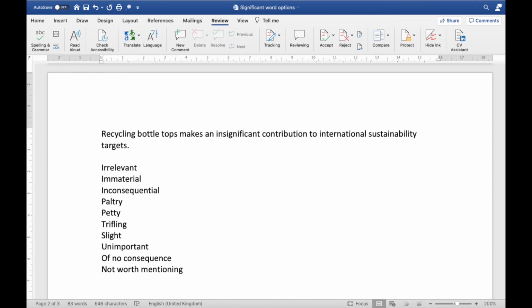I would avoid this. Unimportant. Unimportant has a bit of an emotional feeling to me. It's a bit judgmental. And lastly, of no consequence and not worth mentioning. These are quite exaggerated as well. So I'd avoid those. And lastly, avoid the word small.